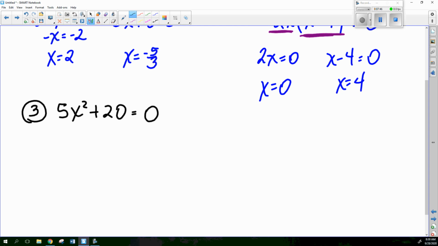It is quadratic because it has an x squared in it. It's not a trinomial, though, just like the last one wasn't a trinomial. We have a GCF. What is it? Very good. So we take out a 5, and then we have x squared plus 4.